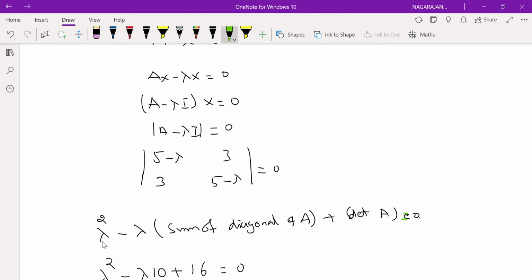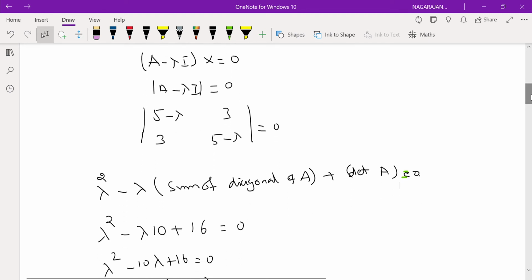So lambda squared minus lambda into the sum 5 plus 5, 10, plus the determinant 25 minus 9, 16, equal to 0. So we can write lambda squared minus 10 lambda plus 16 equal to 0.